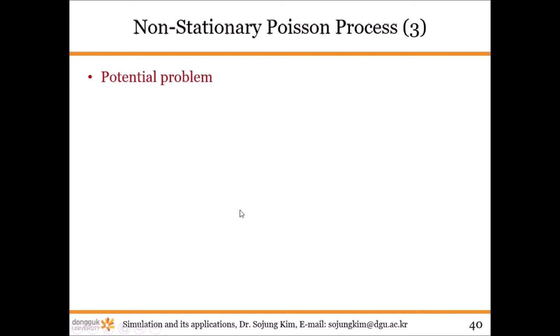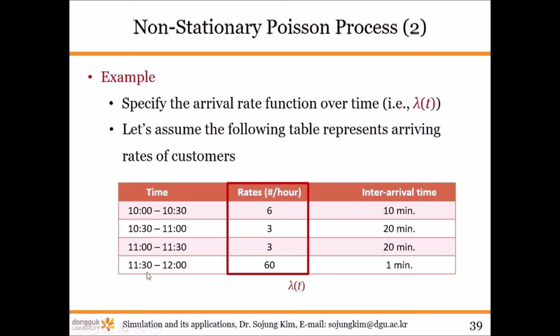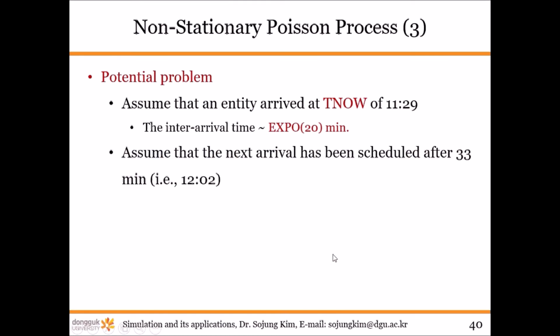In that case, we cannot consider the lambda t value from 11:30 to noon, because the next event happened at 12:02 p.m., and the previous event happened at 11:29 a.m. It's possible to have 33 minutes according to this exponential distribution, as a time interval between the previous event and the current event.